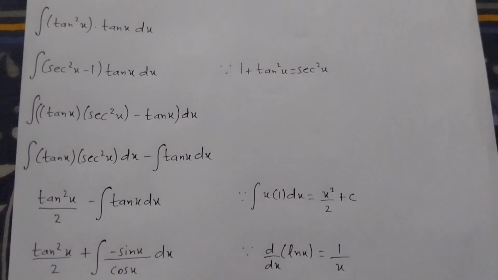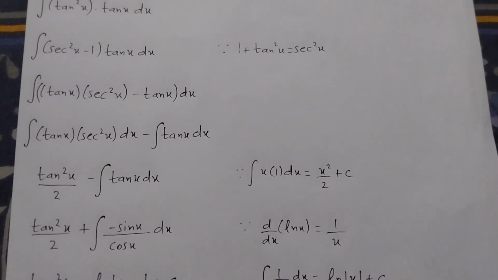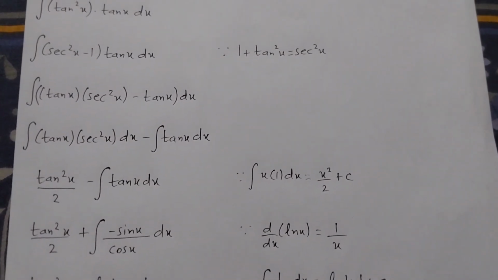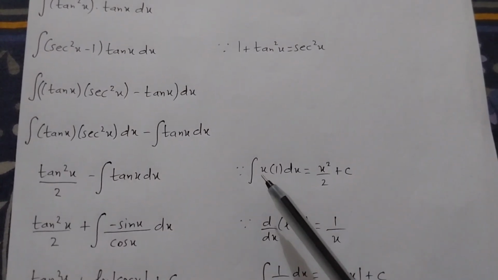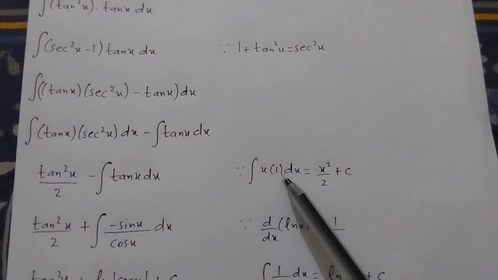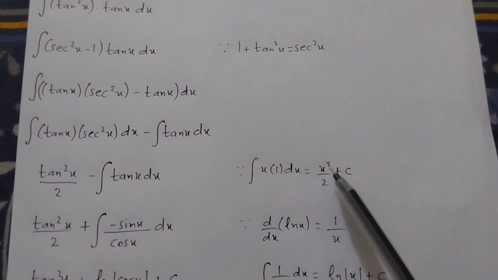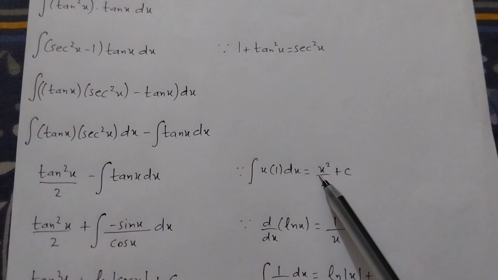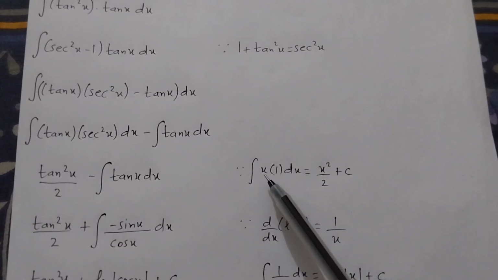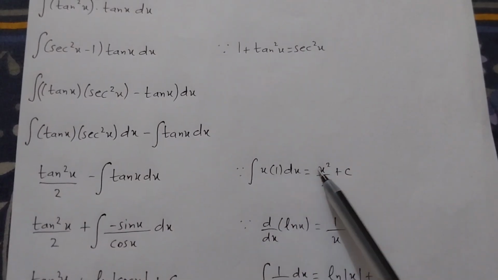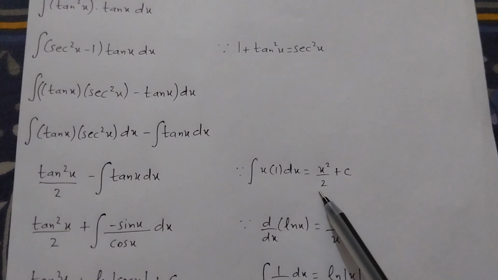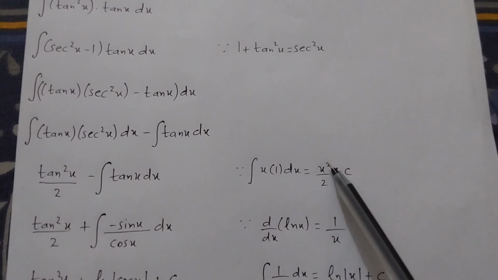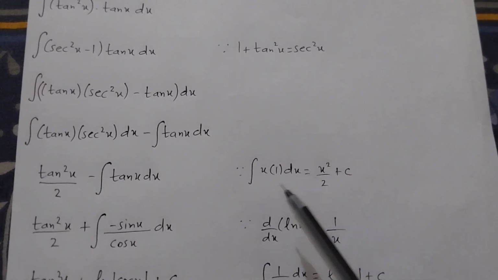So what I am saying is that whenever we have a function and its derivative written right next to it, the integral is that function raised to power its original power, which was 1, plus 1. So the whole expression becomes x square divided by 2, the same power which was here, plus the constant of integration.